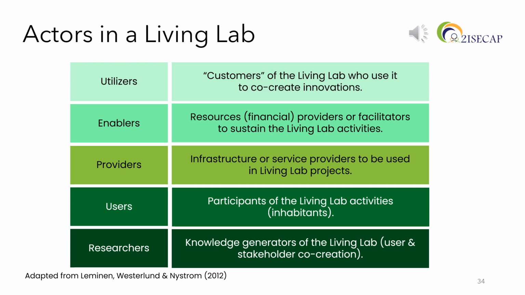Enablers are the resource providers, such as cities. Providers could be private companies. Users are the citizens who will be affected by the project work. And lastly, researchers, mostly representatives of the universities, who generate the structure and knowledge of the Living Lab. Of course, these actors will vary according to each project.